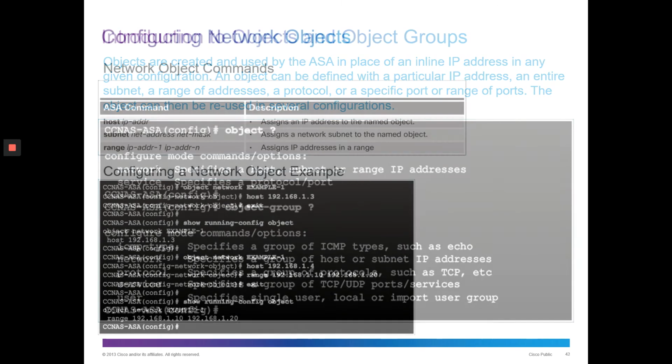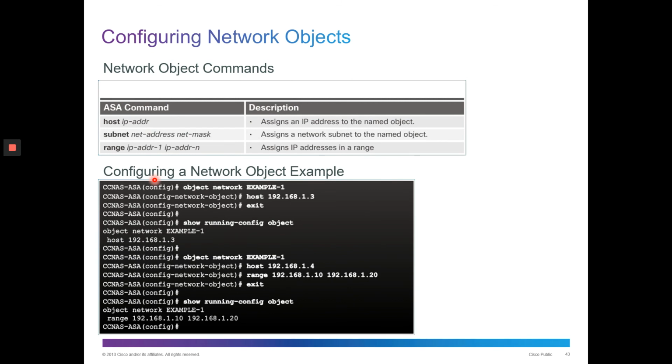So now we're going to look at more details on how we can configure these objects. Firstly, this is the example of how you can configure a network object. The command is simply called object. You have to go to global configuration before that, because, as you know, all the configurations are done in configuration mode.